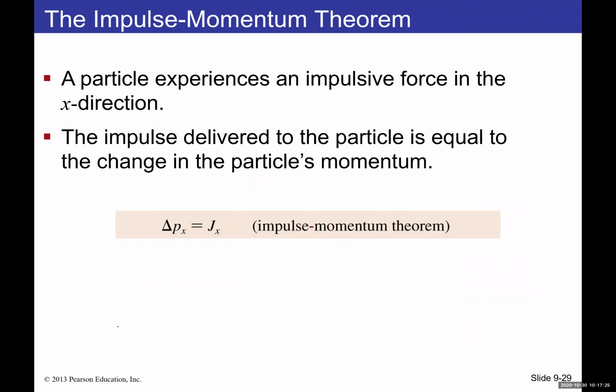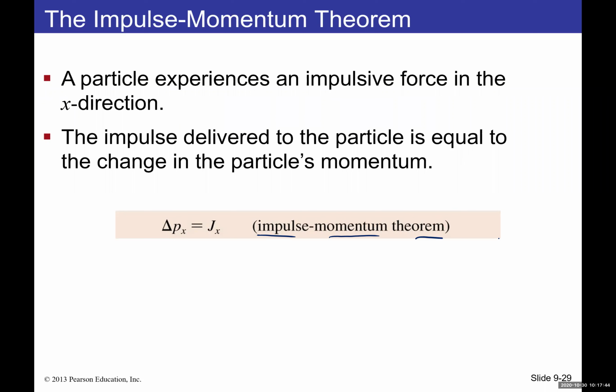Now, remember, the left side of Newton's second law was the change in momentum. The right side was the integral, which we define to be the impulse. Well, then we can say that impulse equals the change in momentum. This is known as the impulse momentum theorem.